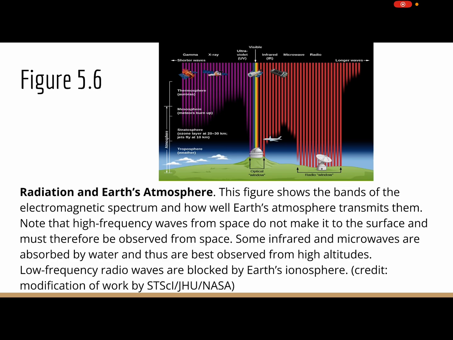So we do have a lot of radio satellites on the ground, or satellite observatories, so that we are then able to see. As you can see, a lot of our visual light observation towers or observatories are found in higher altitudes, just to give it the best chance of collecting instead of getting interfered by the atmosphere.